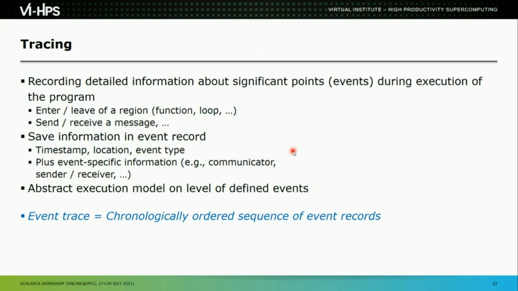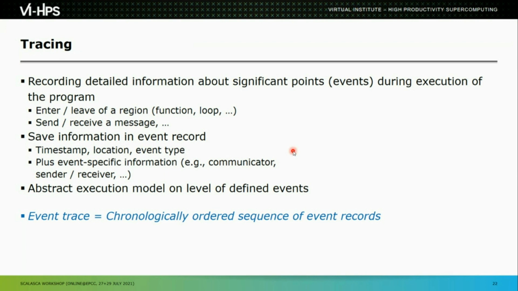All of those events, we can timestamp them. We can record their additional attributes, such as the communicator they're using, how much data they're processing, and then all of those events get stored in memory buffers for each thread, each process, and at the end of measurement, we will flush all of those buffers to disk, and then we can do some processing of those.